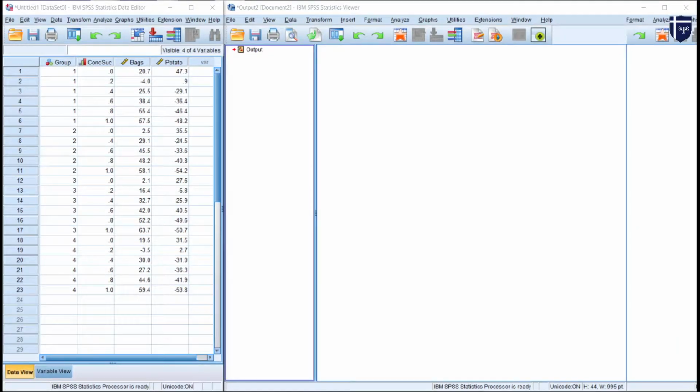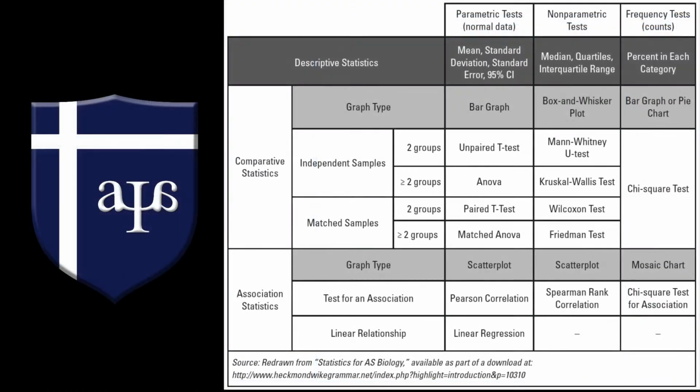So we need to first look at what type of tests we might want to run. So we come back here, and you've seen this before. I've used this all through college, graduate school, my postdocs, and I originally got it from the AP manual when I was your age. It looks a little intimidating at first, but it's actually fairly easy to read.